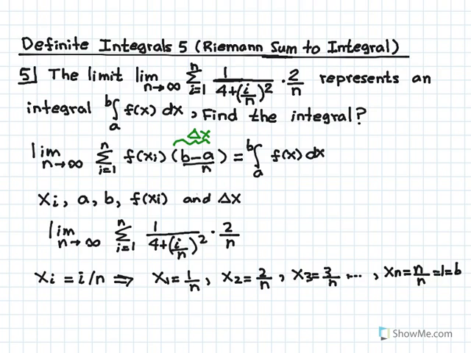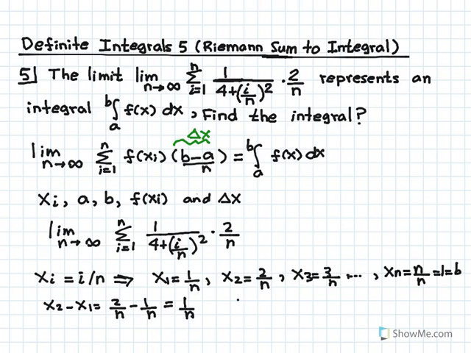Now, how do we find delta x? The easiest way is to subtract two consecutive x values, x2 minus x1, for example. That's going to be 2 over n minus 1 over n. That's equal to 1 over n.